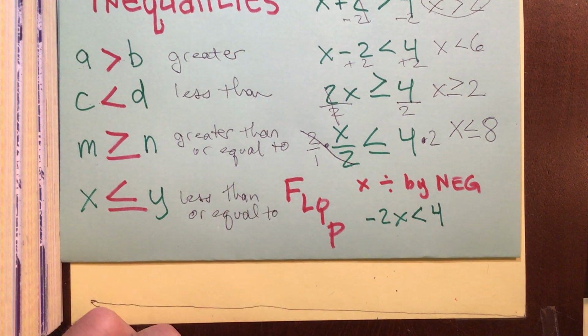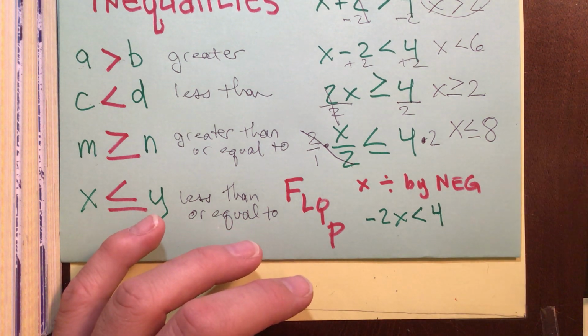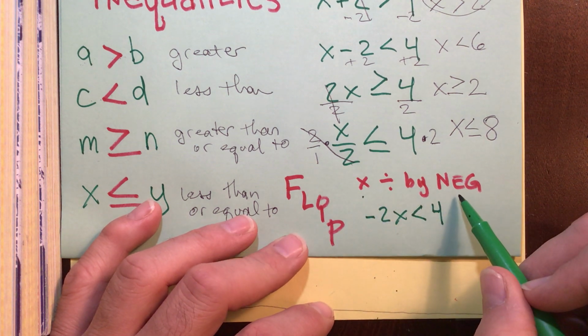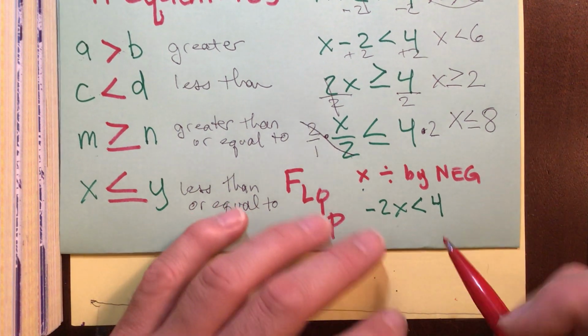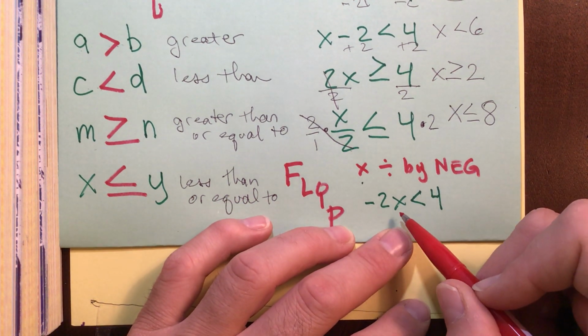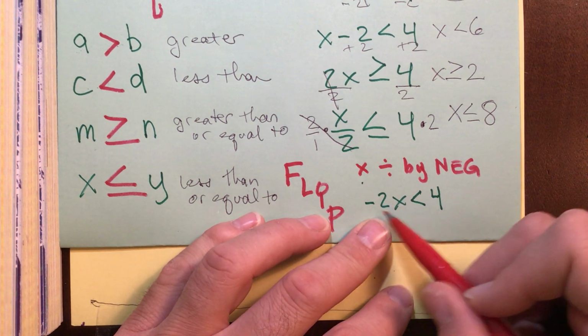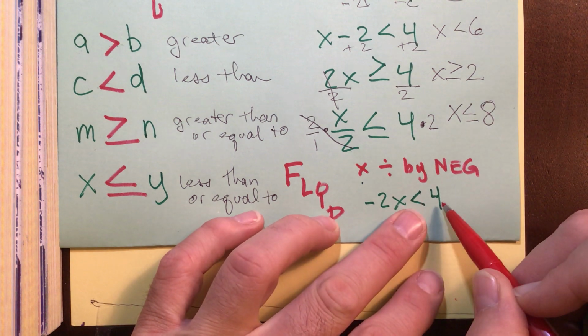All right, the only trick when we work with inequalities, if you ever are going to multiply or divide both sides by a negative, you have to flip the symbol. So picture this, if you will, whatever x is, it could be 1, it could be 2. If I'm going to multiply it by a negative, I'm going to end up with a negative number over here, right? It's going to have to be less than the positive number.